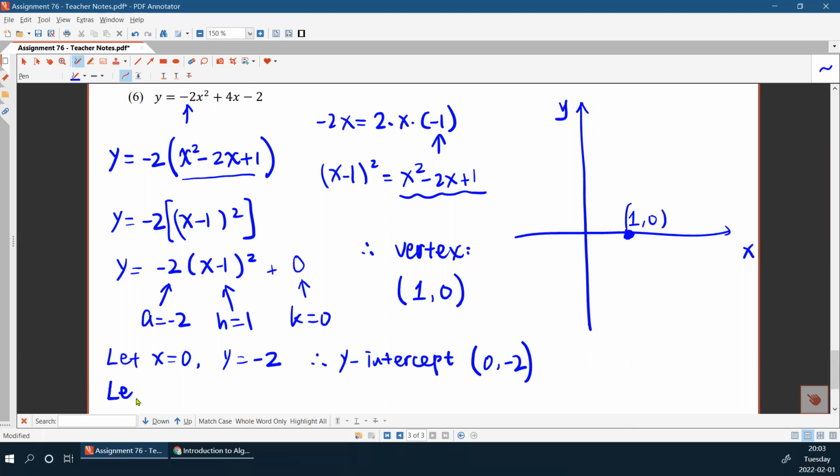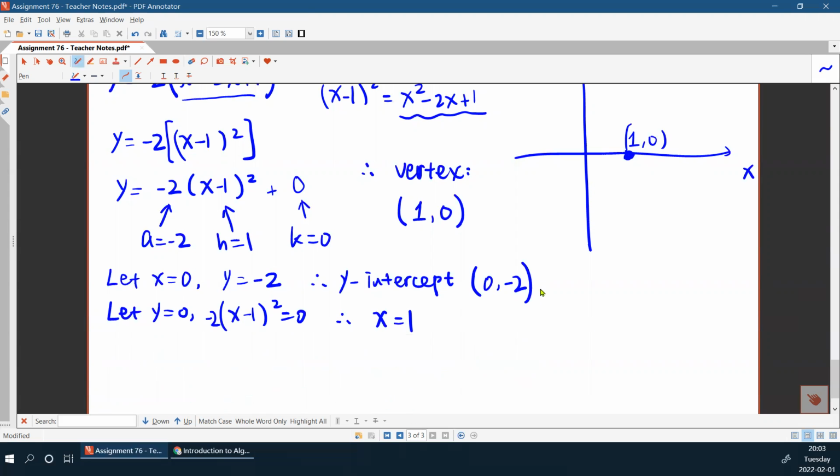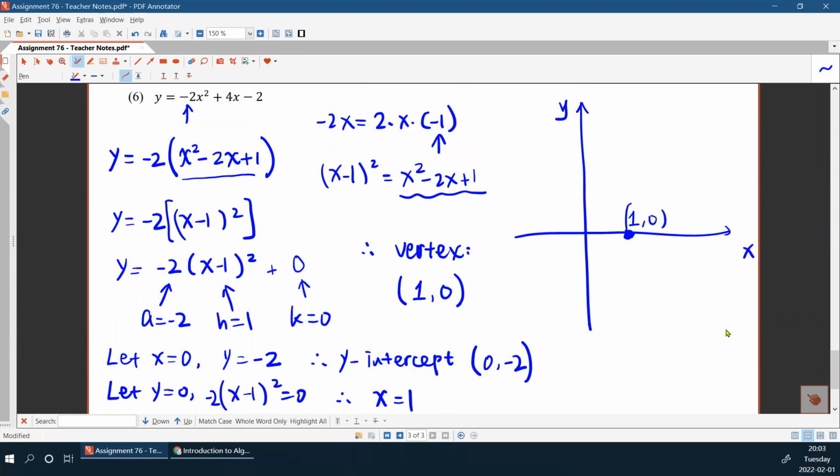Okay, next we can let y be 0 to find the value of x. If y is 0, that means (x minus 1) squared times -2 is 0. Therefore, the solution is x equals 1, right? And therefore, the x-intercept is (1, 0).